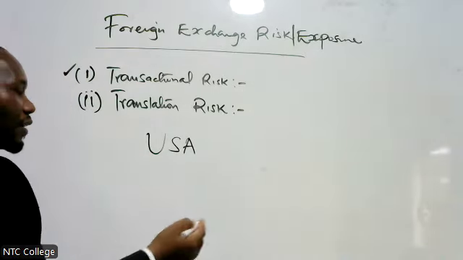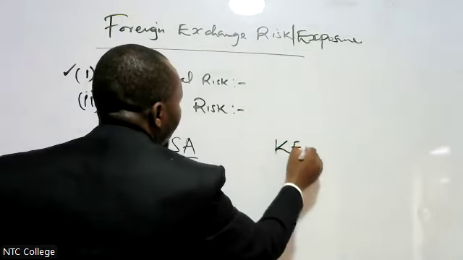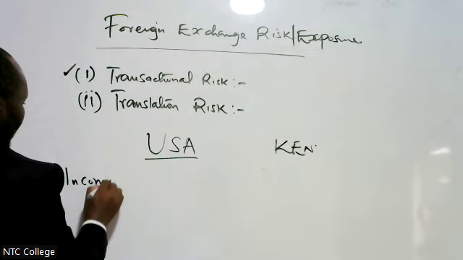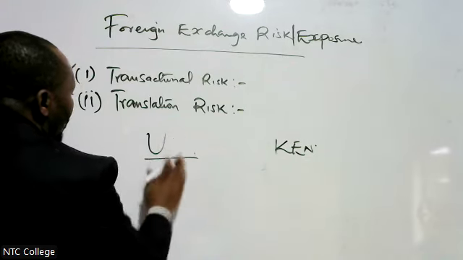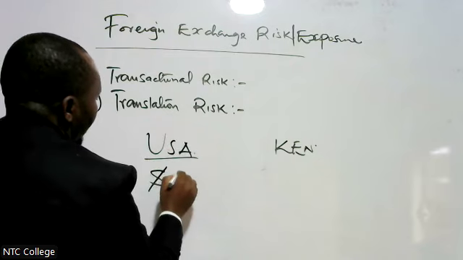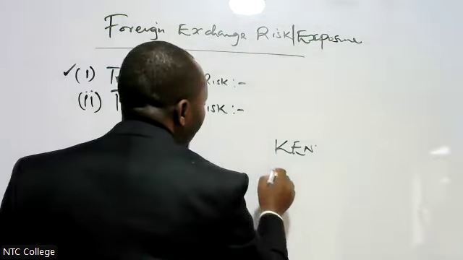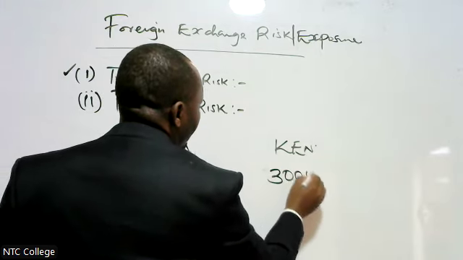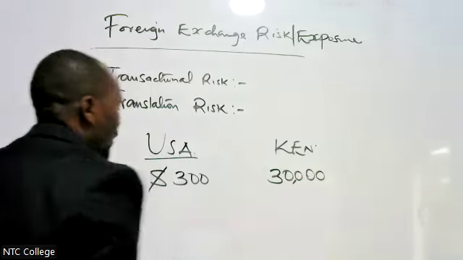So we have the US and then Kenya. Let's say the income in the US is maybe $300, and then we have maybe 30,000 Kenyan shillings.